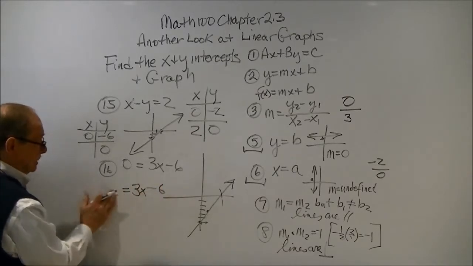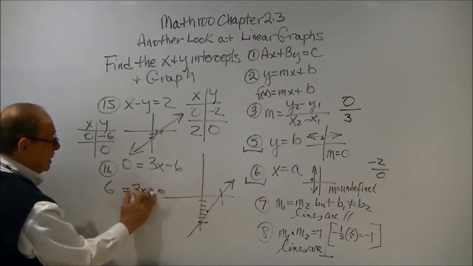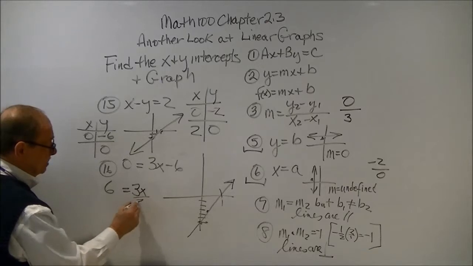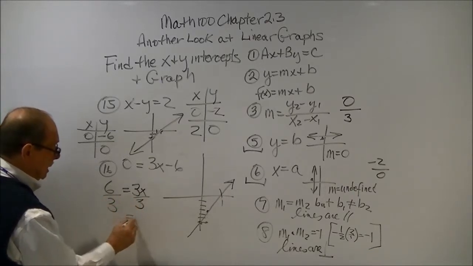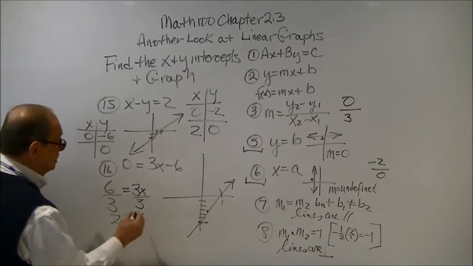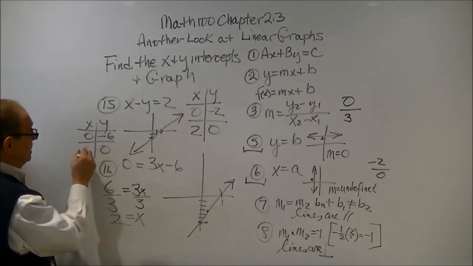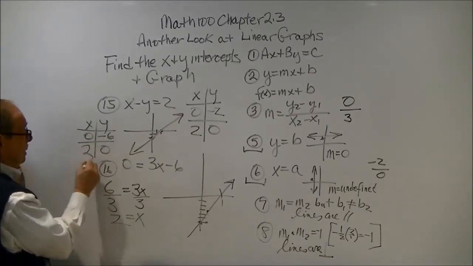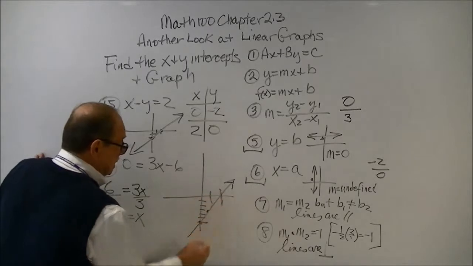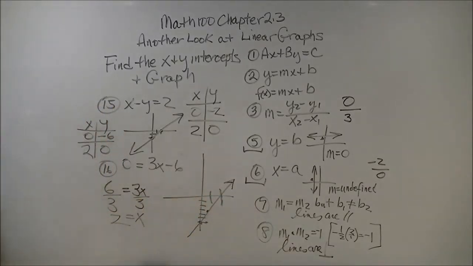I guess I could have brought that 6 over here. There we go. Divide both sides by 3. I get x equals 2. So my x-intercept now will be 2. And again, I didn't make that graph very well, but that's what it's like here. Okay?